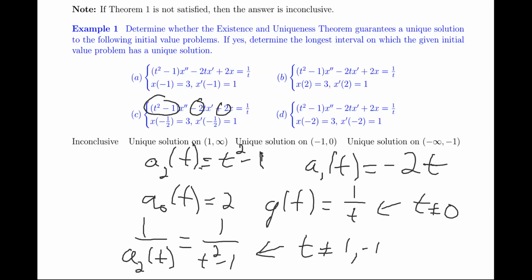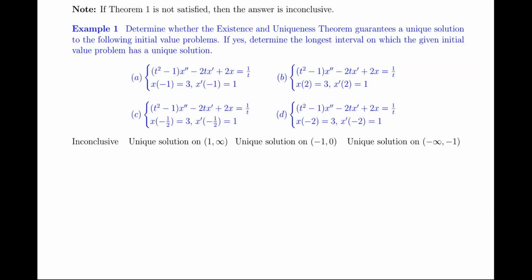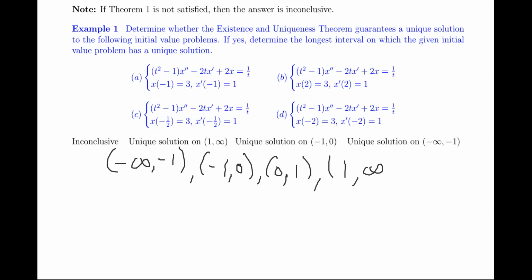So in fact, our intervals here are from negative infinity to negative 1, negative 1 to 0, 0 to 1, and 1 to infinity. Now, the question asks, for the given initial t naught, what intervals can we guarantee that we have a unique solution?